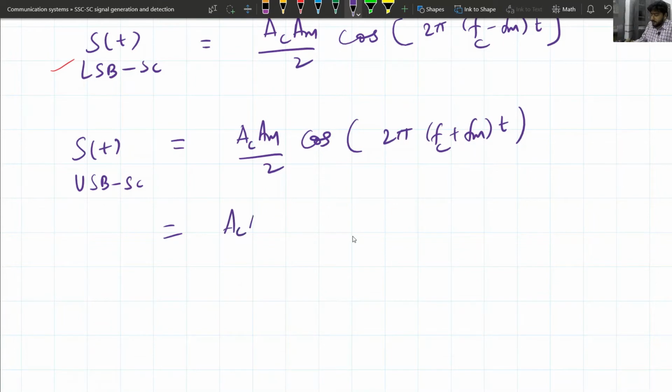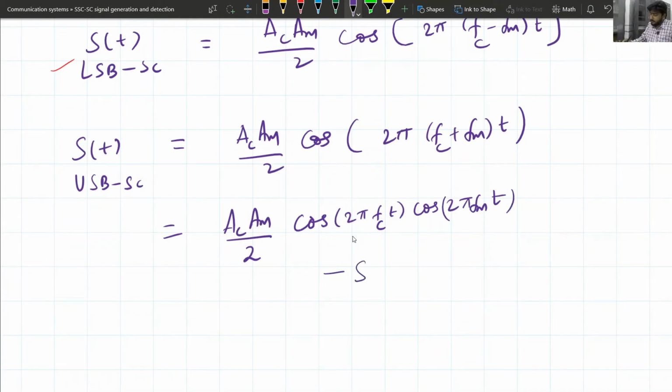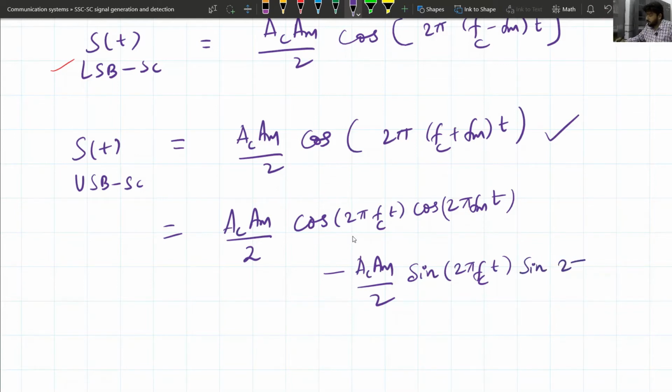Resolving it, we can write A_C times A_M by 2 cos 2π f_c t into cos 2π f_m t, then minus A_C into A_M by 2 sin 2π f_c t into sin 2π f_m t.